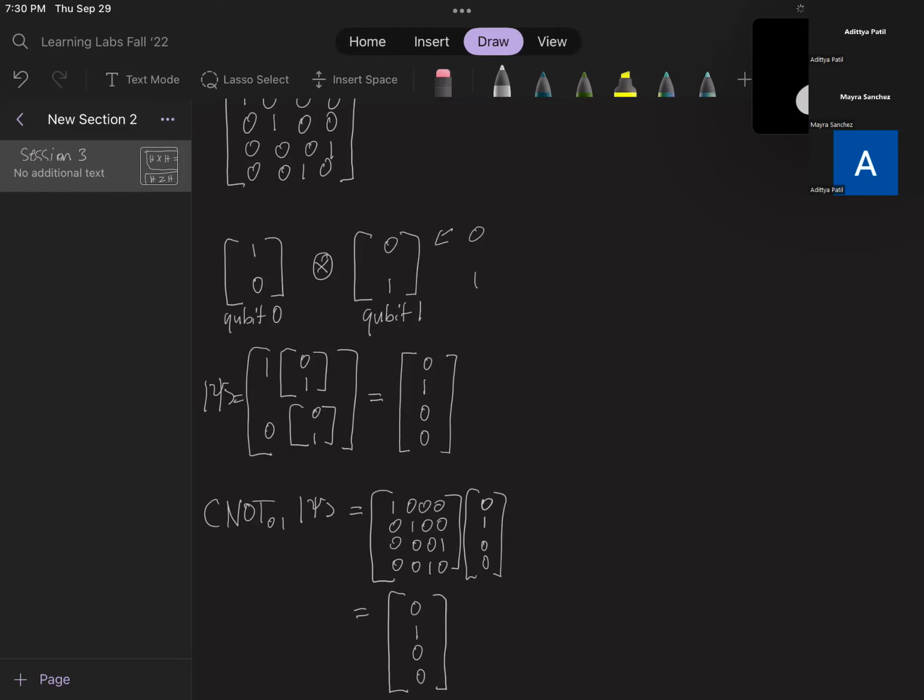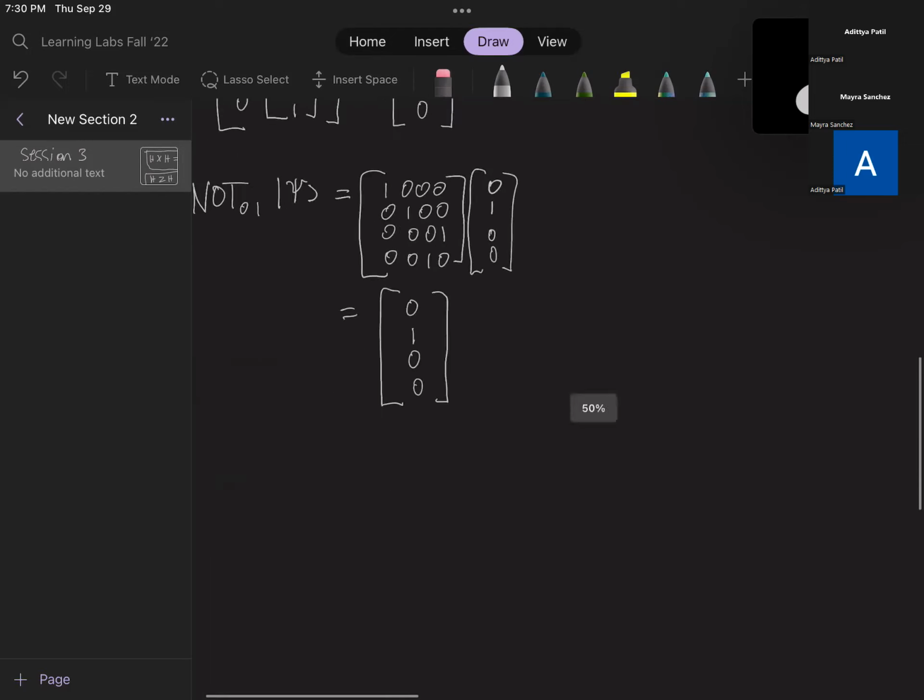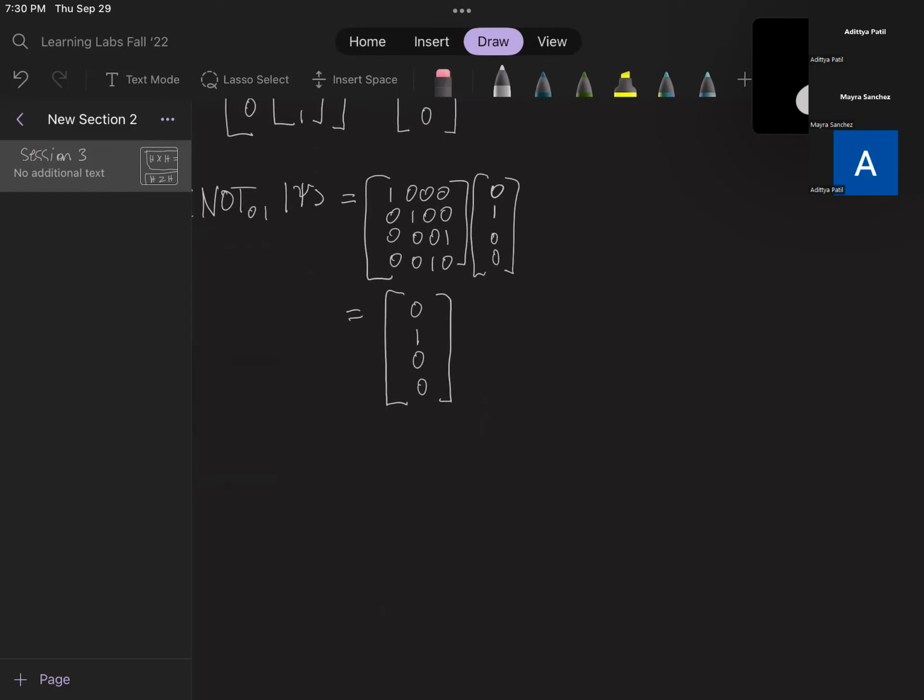But bear with me here. In this vector, we can write this as 0, 0, 0, 1, 1, 0, 1, 1. What does this mean? These are the states, like the measured states.